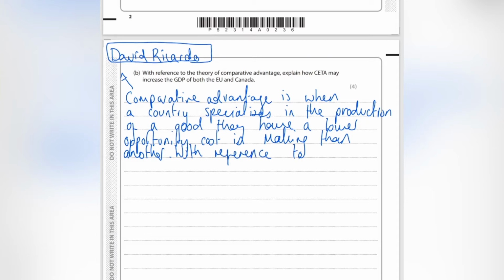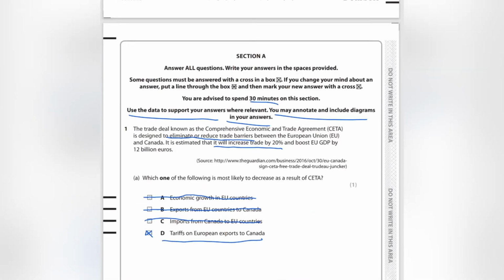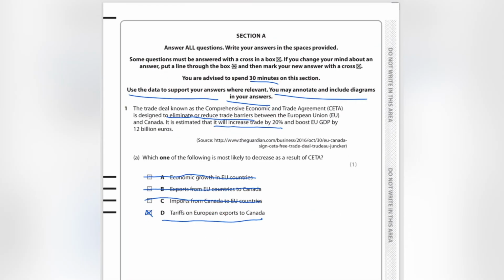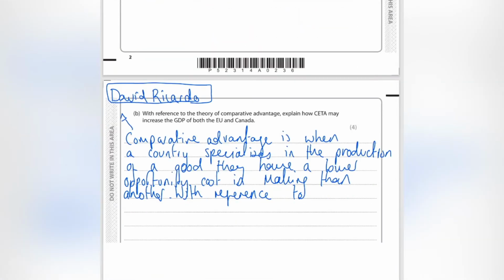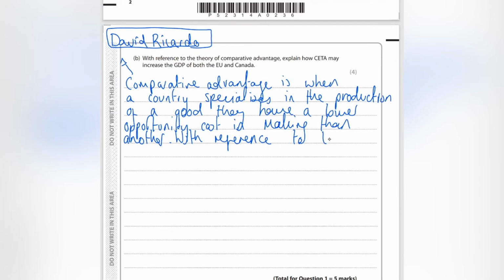Now let's just go back up and check the information. Okay, so it says here it is estimated that it will increase trade by 20% and boost EU GDP by 12 billion euros. Okay, well, the extract says it will boost trade by 20%.